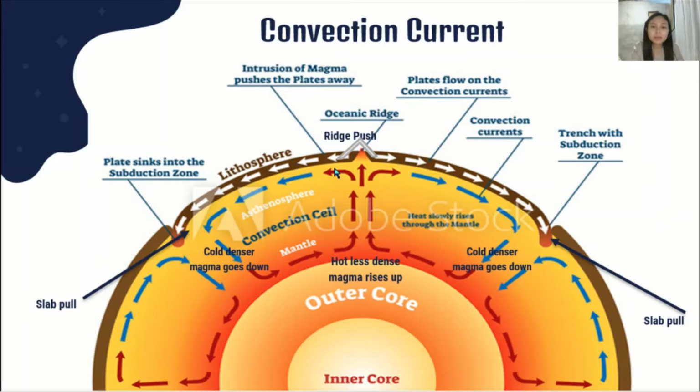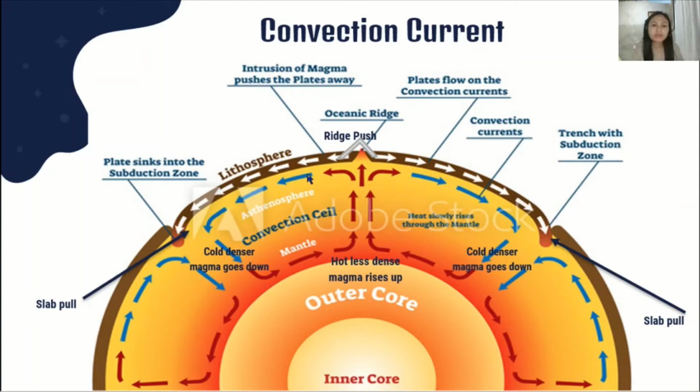And then when the magma reaches the upper mantle, it will lose its energy and heat. That's why it becomes cooler and it will move downward. That movement downward, sinasama niya yung lithosphere sa pag-move niya pababa.